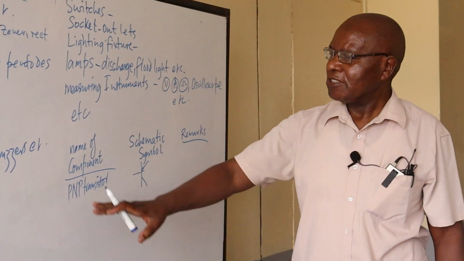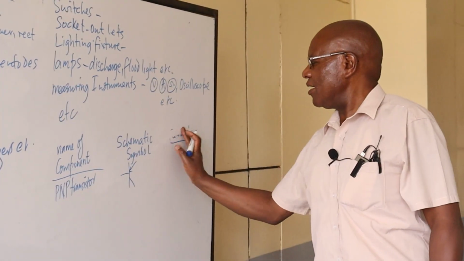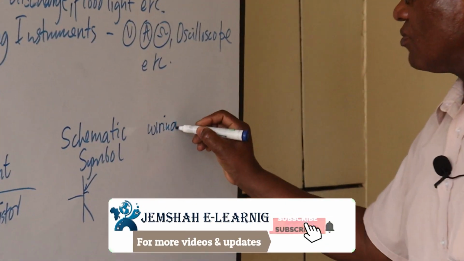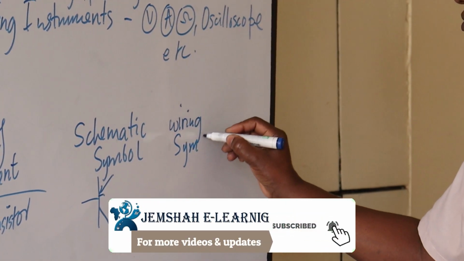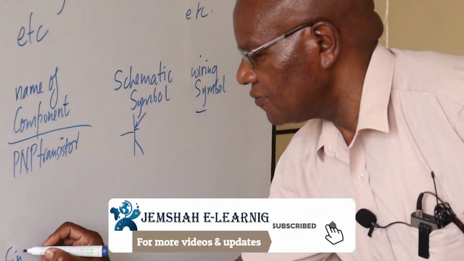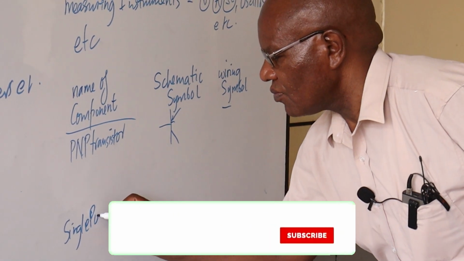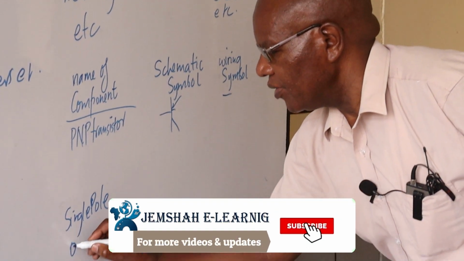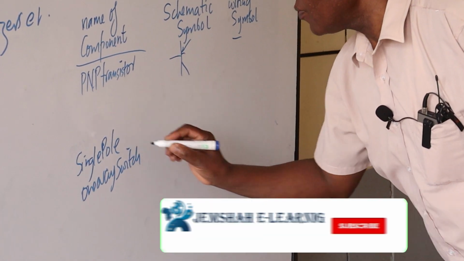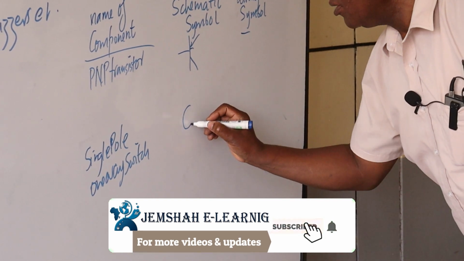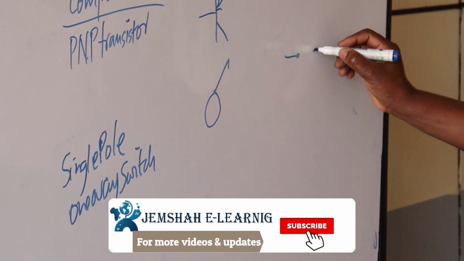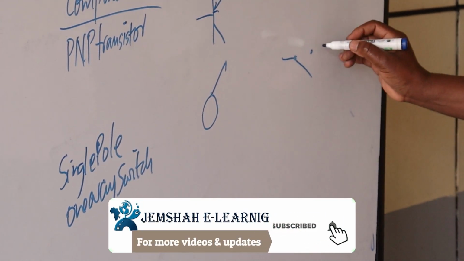Now, some of the components, especially when it comes to the electricals, they may be having a wiring symbol. For example, maybe you have a single pole, one-way switch. This one, you know, the schematic symbol is something like that, and the wiring symbol is something like that.